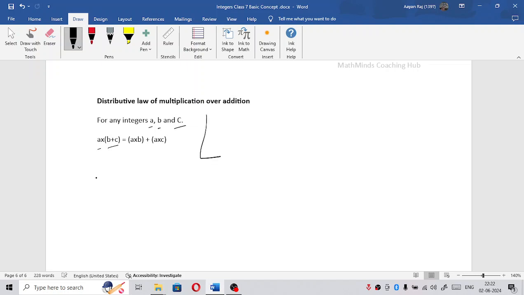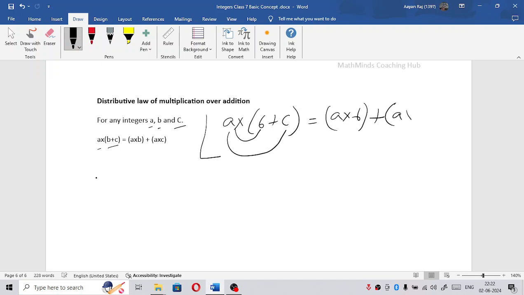Once again I'll repeat, when there are three integers a, b, c, then a into (b plus c) will be equal to a into b plus a into c. So this is the distributive law of multiplication over addition.